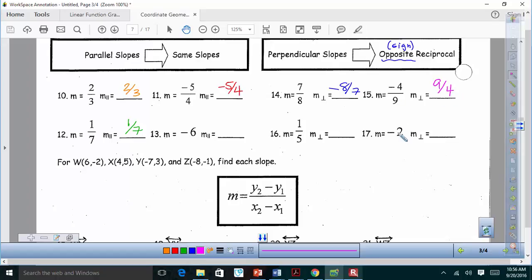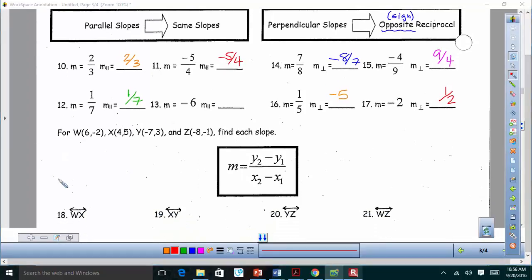Positive 9/4. Okay. And 16, what would that one look like? -5/1, or you can just put -5. Either one. Okay. Now, a lot of people struggle with this one. What is the reciprocal of 2? 1/2. Okay, good. Very good. 1/2. And then we keep it positive because it was already negative. Okay. Most people will put just a positive 2 because they're thinking just the opposite and not the reciprocal.